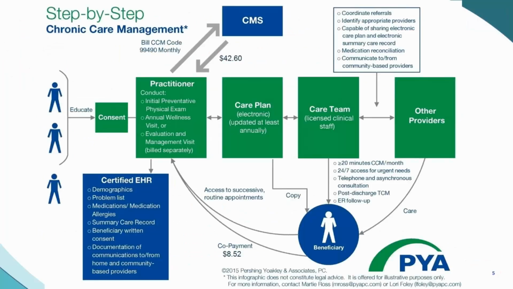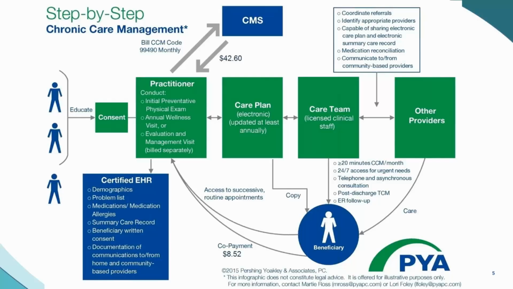Even though we're not going to get into the regulatory requirements, I did like this kind of workflow that I found. This is from Pershing, Yoakley and Associates. Now this is a couple years old. I had to tweak some of the pricing. The CCM code has gone up just a few pennies, and of course the co-payments went up as well. But really, as you can see from this workflow, you go from left to right.